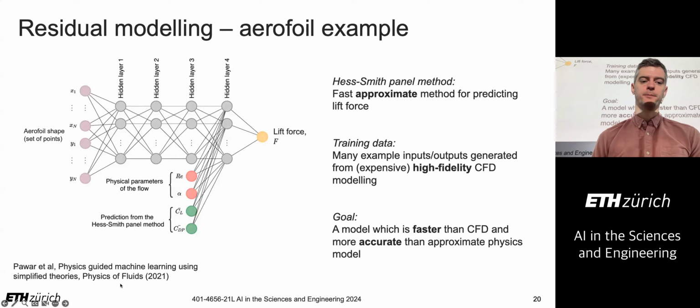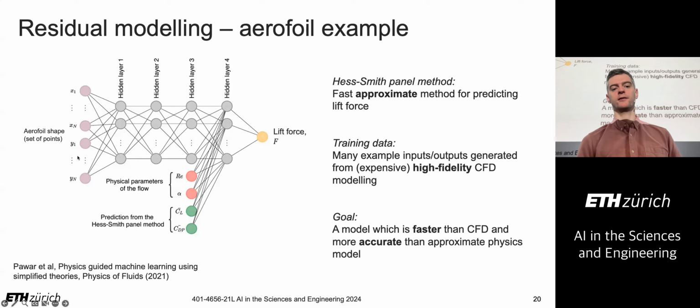But what this paper does down here is design a residual method. So this is a neural network here, which takes in the inputs of those from the Hess-Smith panel method. So this is the prediction of the forces from the panel method. And then it also takes in the aerofoil shape and also the Reynolds number and the angle of attack of the wing.